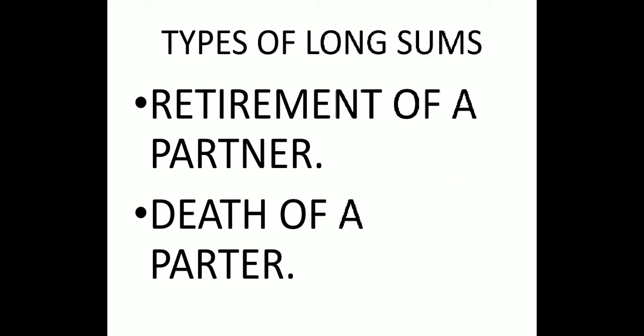You follow the necessary steps, and at the end, you find out the amount payable to the retiring partner. This is what you do in the sums of retirement. And you pay the amount in cash as per the instructions in the question. And the second option is that you keep it as a loan.